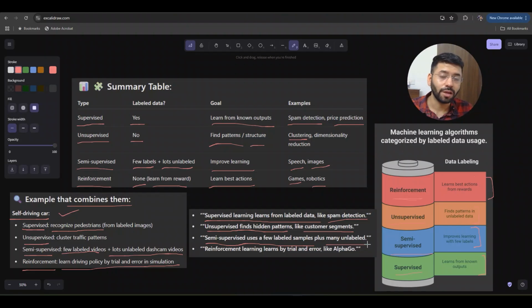So pick the learning from the labeled one and then apply it on the unlabeled one and refine your strategy. Talking about the last one, reinforcement learning, it learns by trial and error. So basically in this case there is no labeled data. In any environment you take the action, then you check whether you get a reward or a penalty, and based on that you modify your strategy. The example can be gaming and robotics.